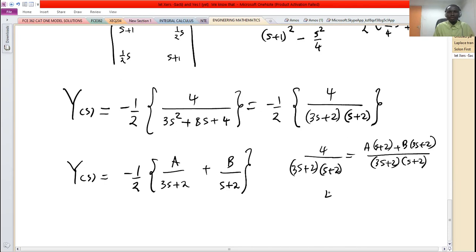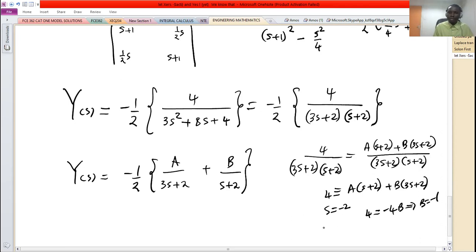So it tells you that 4 is equivalent to A into s plus 2 plus B into 3s plus 2. This is just playing with partial fractions. So when you set s to be -2, we'll have 4 equals -2 by 3 is -6 plus 2, -4 minus 4B. So this tells you that B equals -1.